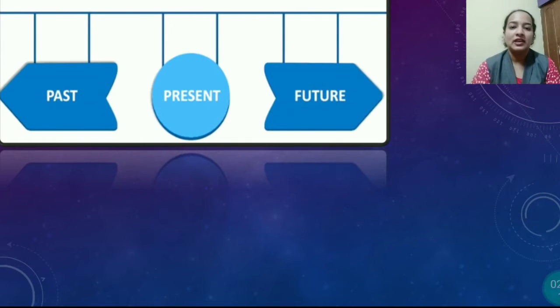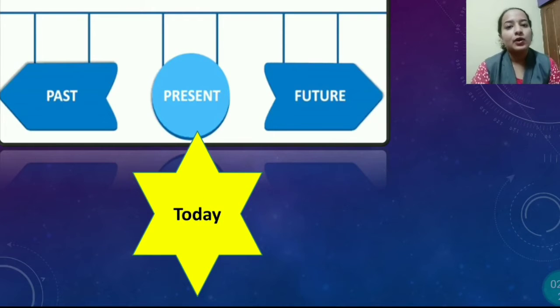See, time is divided into main 3 parts, that is past, present and future. What is going on now is called the present, and the word today shows the present.